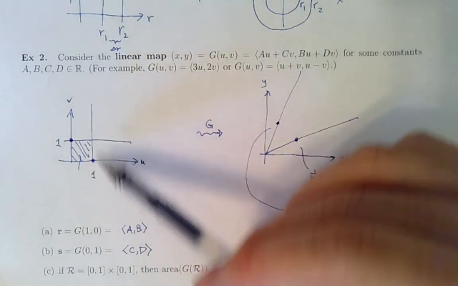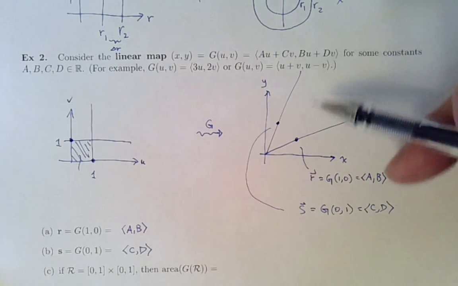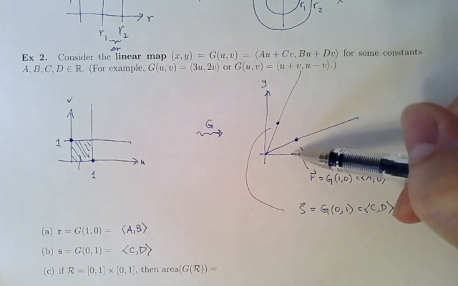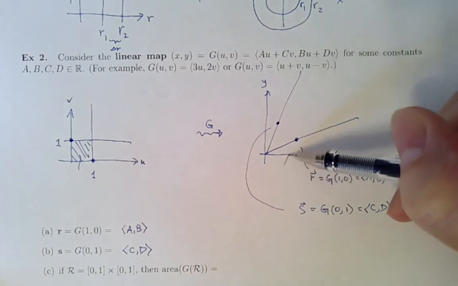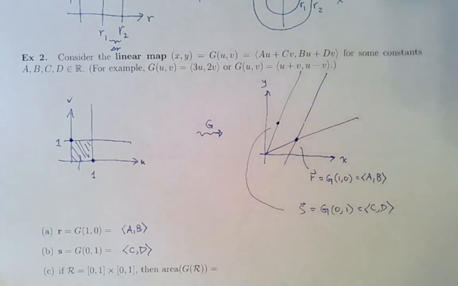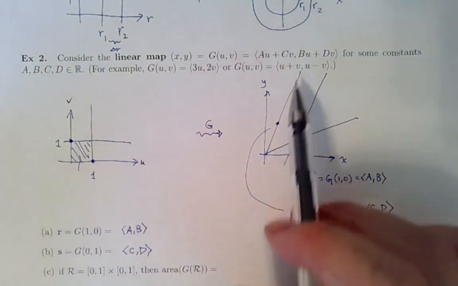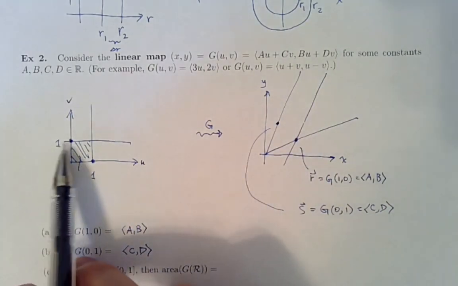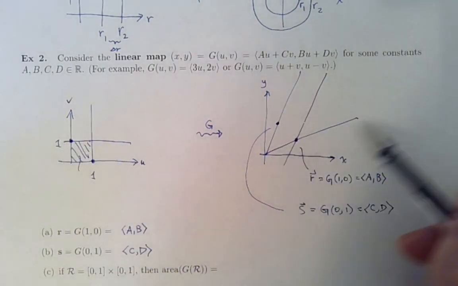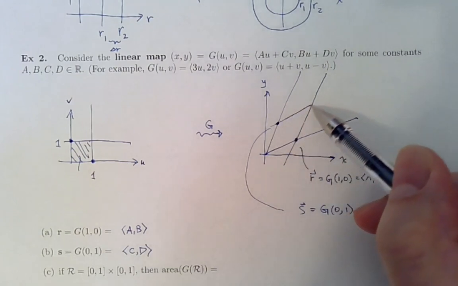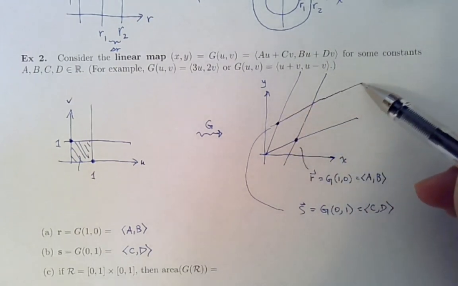What happens to this line on the right? It becomes this line over here. And it's parallel to this line that I drew earlier. And then this line is parallel to that line. If I can even draw parallel lines.